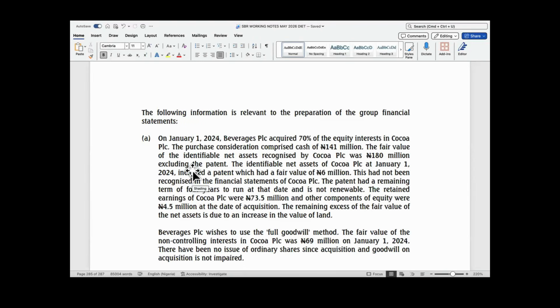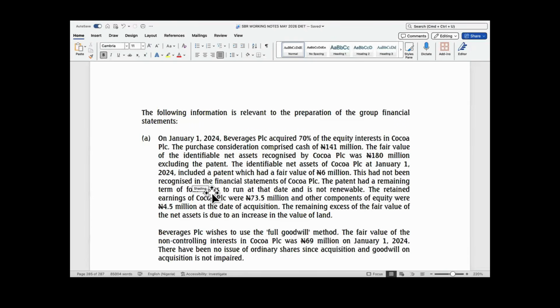The purchase consideration comprised cash, 141 million. The fair value of the identifiable net assets recognized by Cocoa was 180 million, excluding patent. The identifiable net assets of Cocoa PLC on January 1st, 2024 included a patent which had a fair value of 6 million. These had not been recognized in the financial statements of Cocoa.